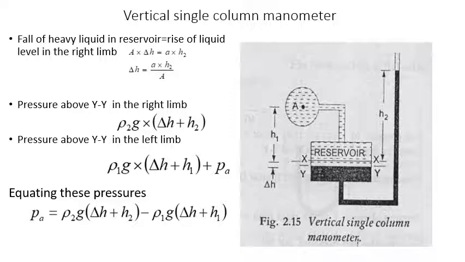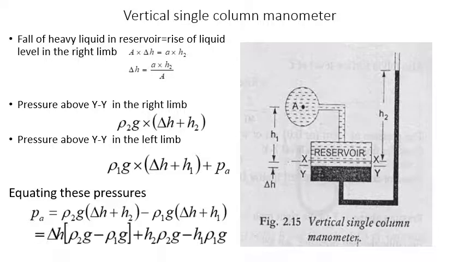So that is the expression for the manometer reading in the vertical column type. Finally, this reduces to delta h rho 2 g minus rho 1 g plus h2 rho 2 g minus h1 rho 1 g.